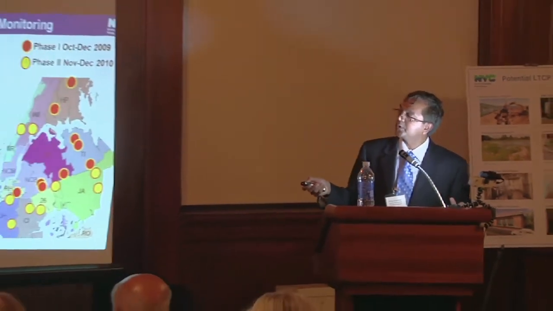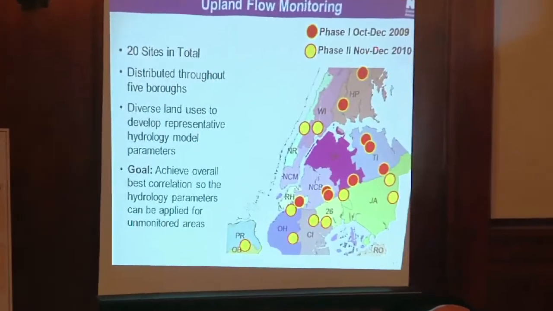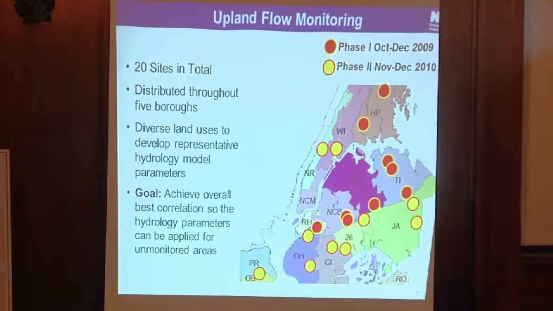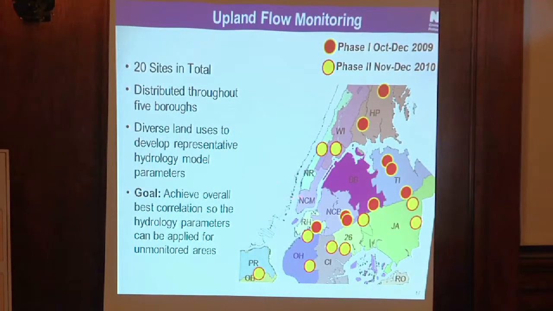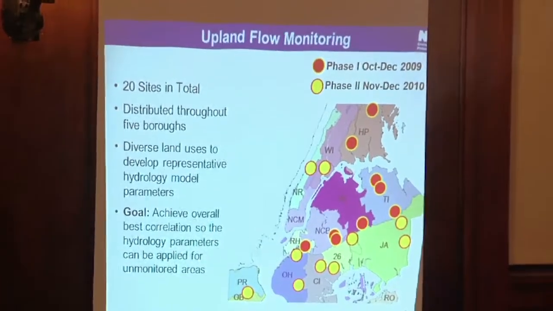So for this upland monitoring, there were 20 locations in total distributed in all the 5 boroughs. There were 2 different periods that we monitored for. So phase 1 is in red and phase 2 in yellow. We selected the land uses for each one of these to be diverse.